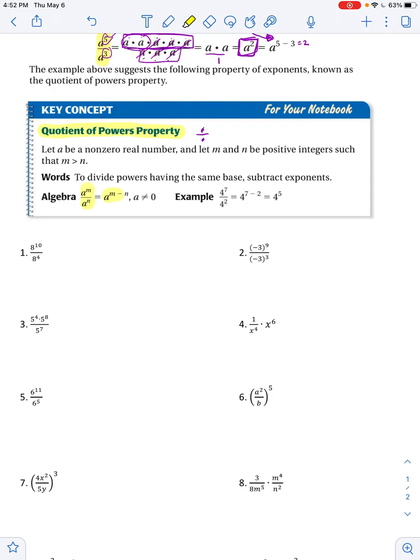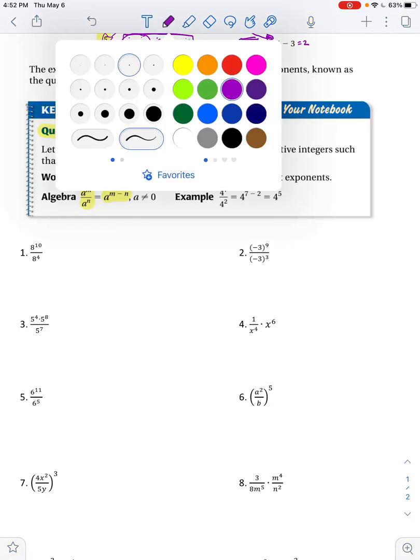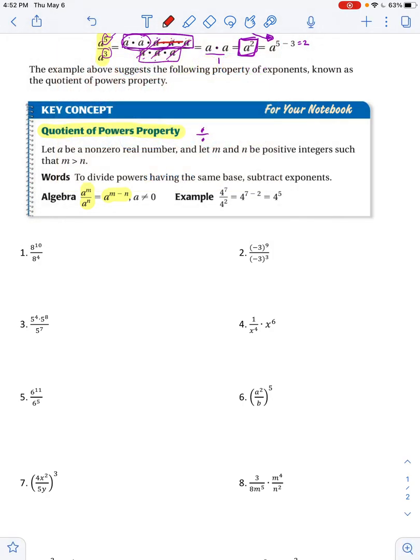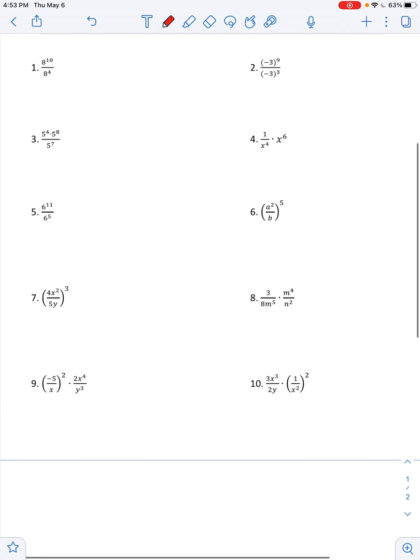You're going to be subtracting the powers because they're basically canceling one another out like they did up here. We just went through and said these 3 on top cancel these 3 on the bottom. The difference, and in math we find difference by subtraction, is that there will be 2 left over, the difference between 5 and 3.